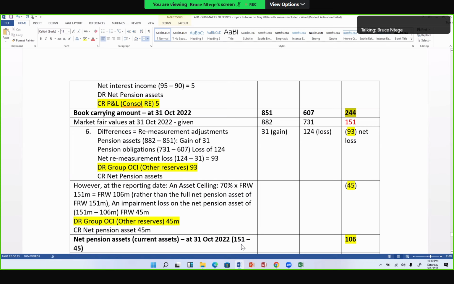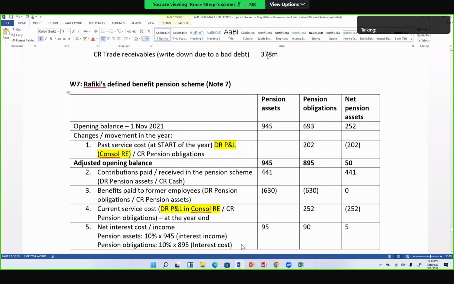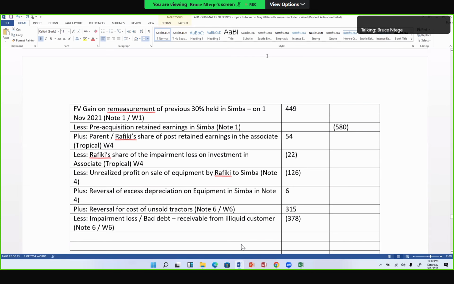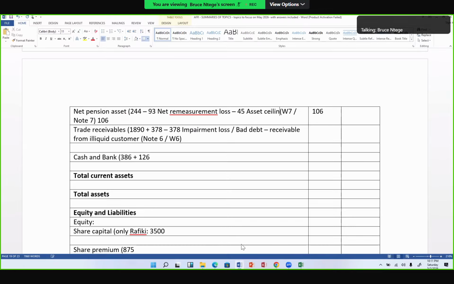Now that book carrying amount, I'll come back up here to say 244 in the balance. We'll say 244 now minus 93, which is the net remeasurement loss. Then also minus the 45, which is the asset ceiling impairment adjustment.